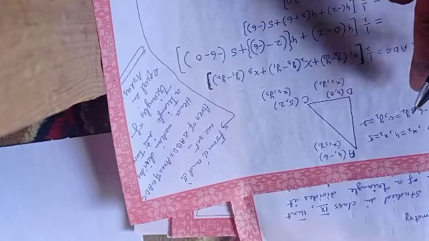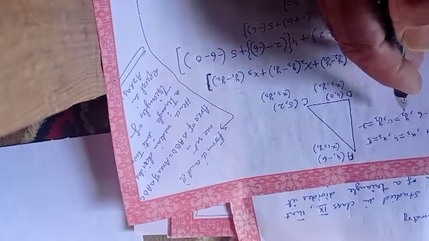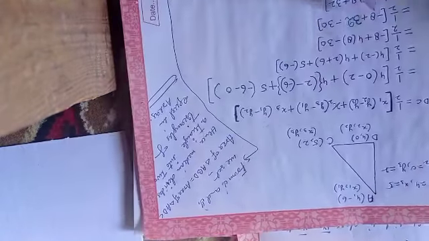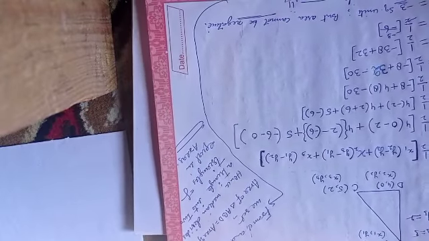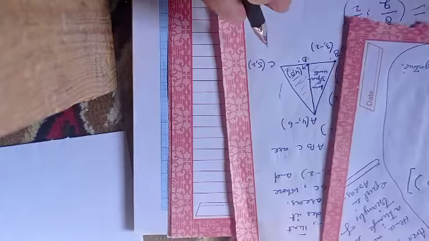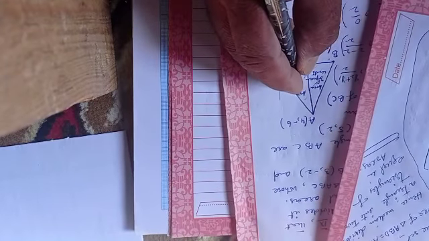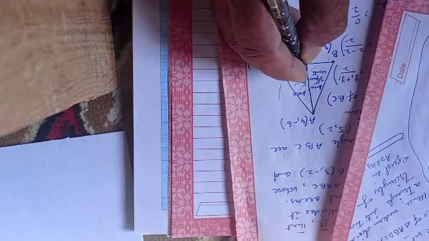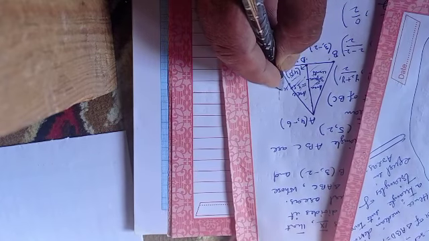So we put the values of x1, x2, x3 and y1, y2, y3 in this formula. We get minus 3, but area cannot be negative, so its area is also 3 square units.